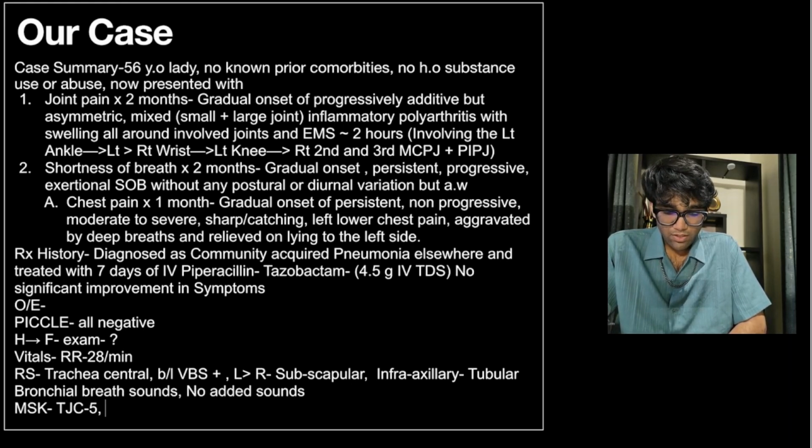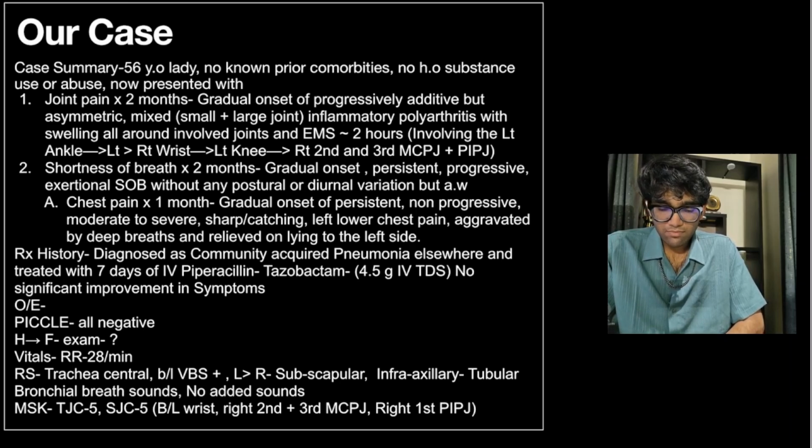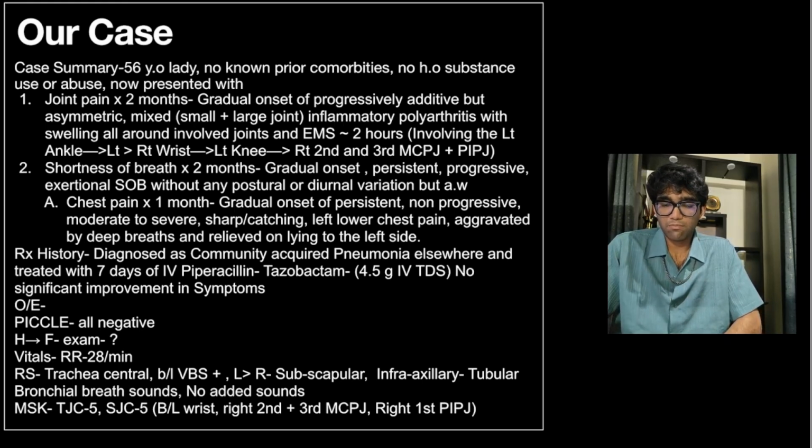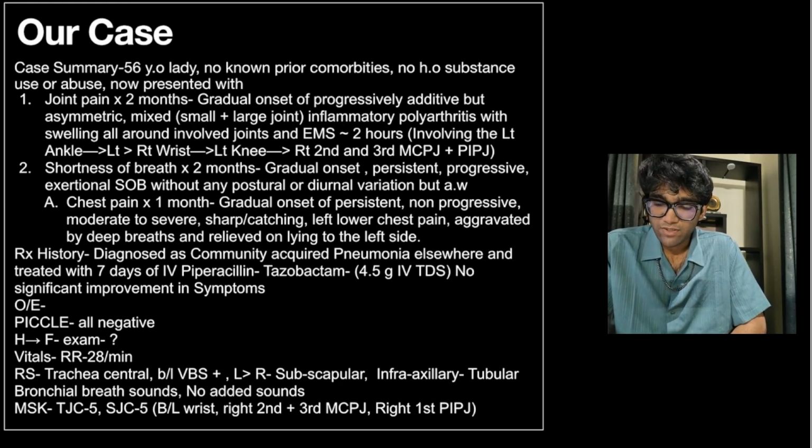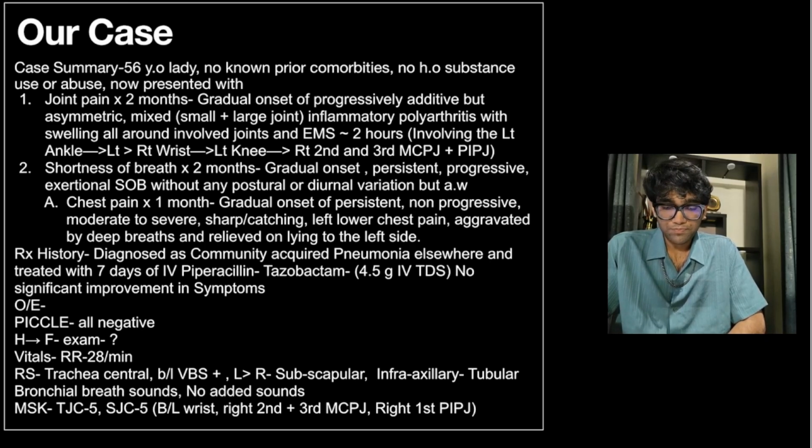On examination of the musculoskeletal system, there were 5 tender joints and 5 swollen joints: bilateral wrist, right second plus third metacarpophalangeal joints, and the right first PIP joint. This is a discussion on chronic shortness of breath, so for now we will not be discussing the approach to joint pain. I will, however, be going into it in another video as soon as possible.